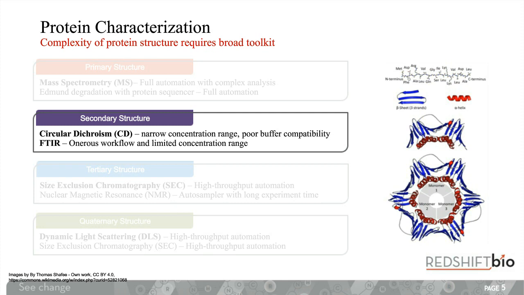Both of these techniques are very useful in slightly different ways. And in fact, I've used both of these quite extensively myself, particularly circular dichroism. But neither of them gives a particularly automated solution which solves problems that people experience in the protein workflow.